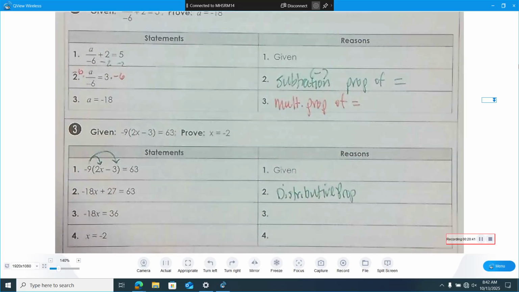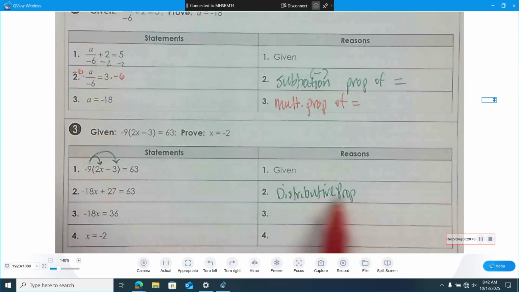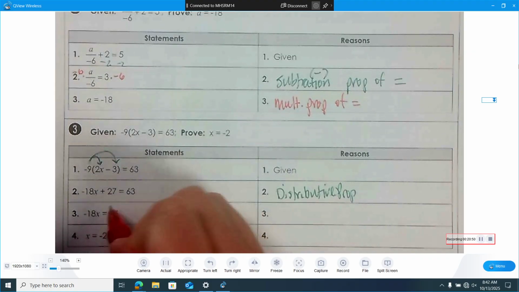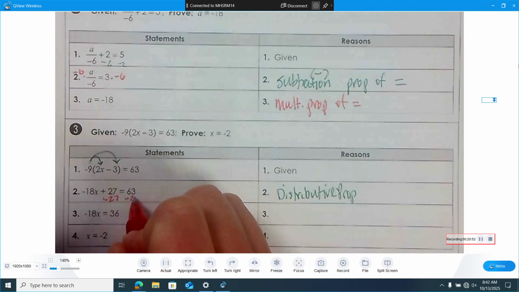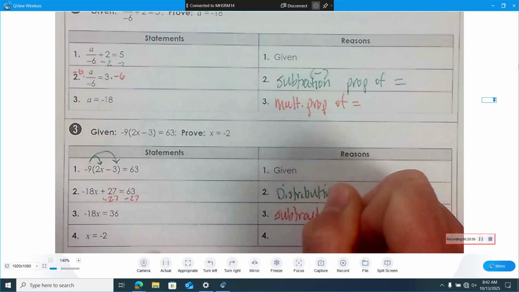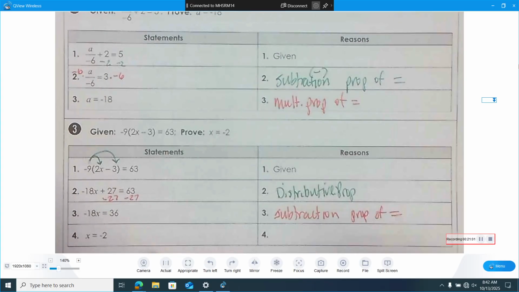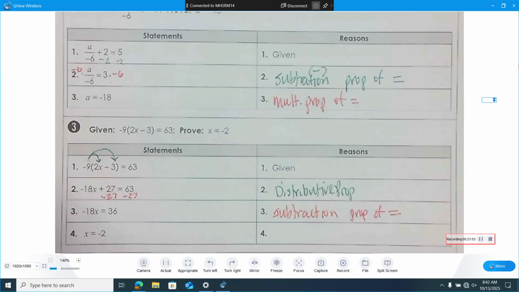You can see how I'm changing the colors here, so my green arc marks tell me what the reason is. All right, then how do we go from 2 to 3? Subtraction. Yeah, we're subtracting 27 from both sides. Subtraction property of equality. Very good.